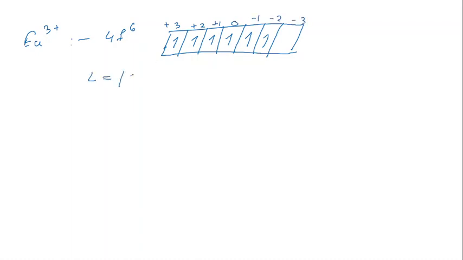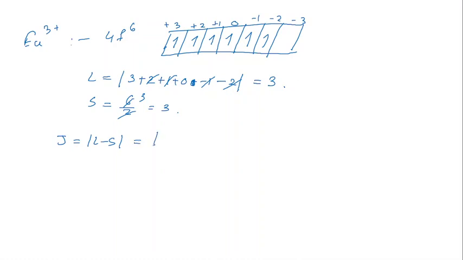L will be 3 plus 2 plus 1 plus 0 minus 1 minus 2. So this will be 3, and S will be, here 1, 2, 3, 4, 6 electrons, 6 by 2. So what is the value of J? L minus S, so 3 minus 3 equals 0.